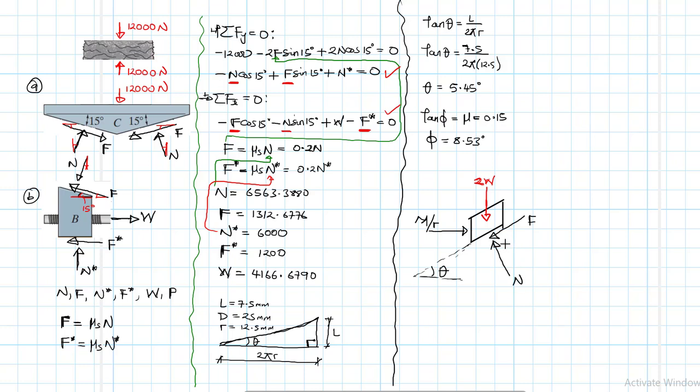And we can represent the two forces, the friction and the normal force, by just one single force we are calling the resultant R, with an angle between the normal and the resultant we are calling phi, which we calculated, which is just the angle of static friction.